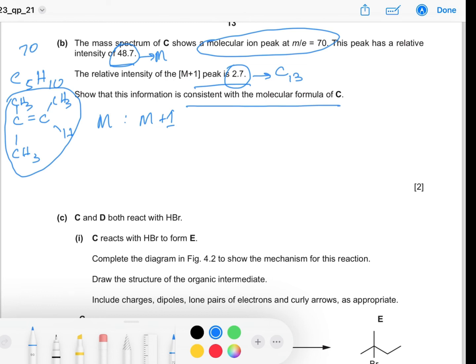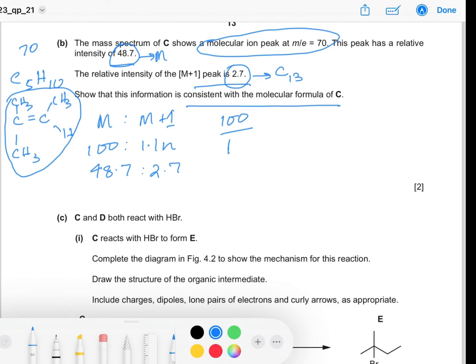So let's say you had 100 carbon atoms, 99 of them would be carbon-12 isotopes and one of them would be carbon-13 isotope. So carbon-13 makes up 1.1% of all carbon atoms. So in simple words, the ratio of M to M+1 peak is equal to 100 to 1.1n. So this is the ratio of their heights or their intensity. So 100 is to 1.1n as 48.7 is to 2.7.